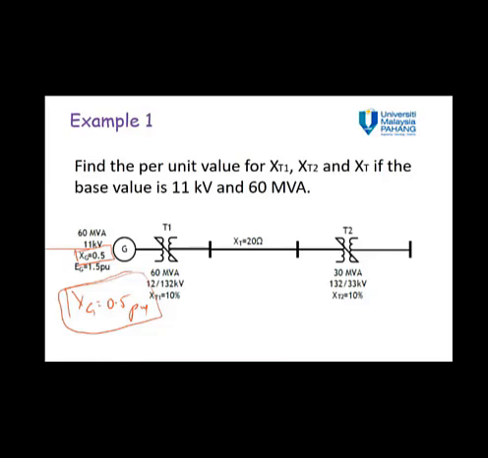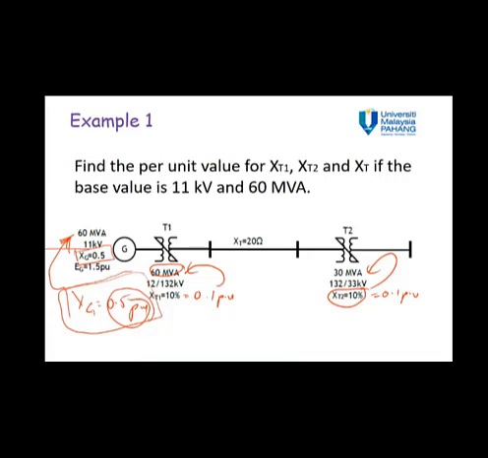Cannot, because these per units refer to their own ratings. 0.5 per unit refers to the 60 MVA rating. This one, 10% equal to 0.1 per unit, refers to this value. This one, 0.1 per unit, refers to the 30 MVA.